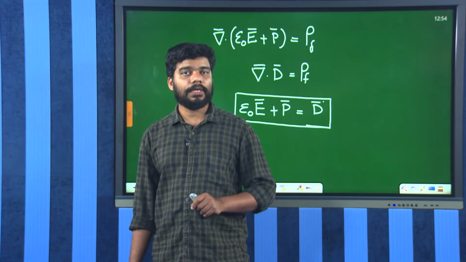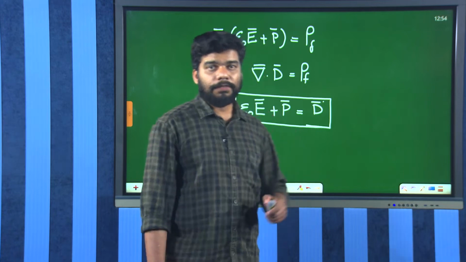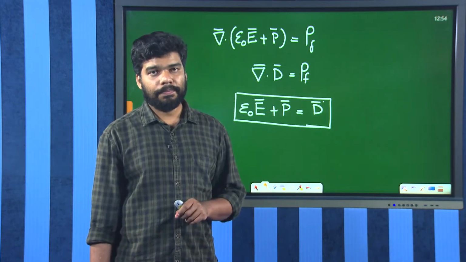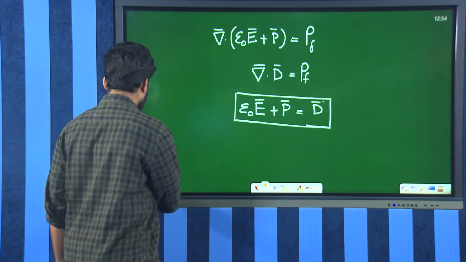Now let us check what is the curl of this D. First of all, we will check it for a vacuum. In vacuum, the polarization P is equal to 0.